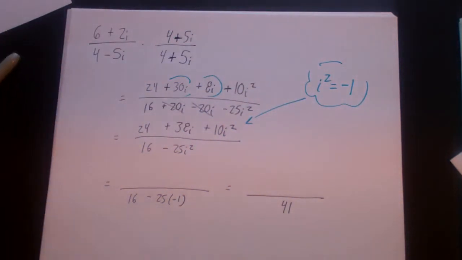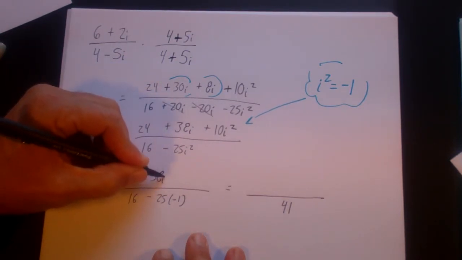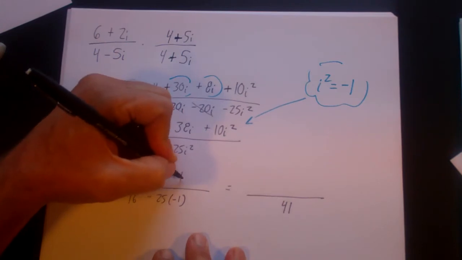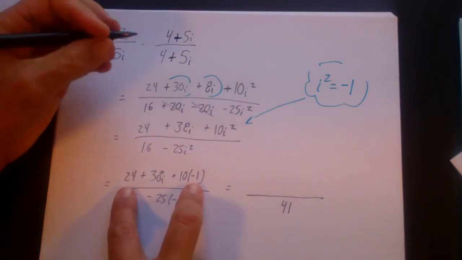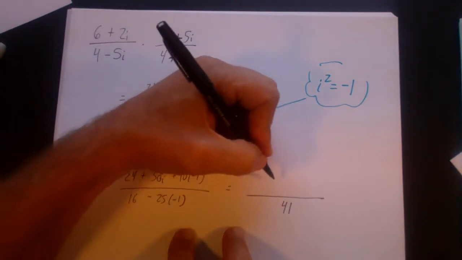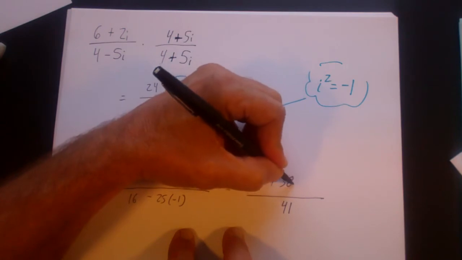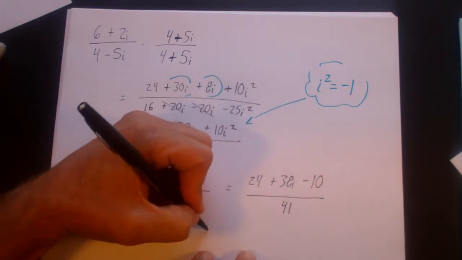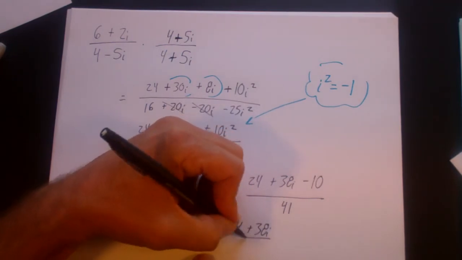So then I have 24 plus 38i plus 10 times a minus 1, which is minus 10, so it's 24 minus 10. So I have 24 plus 38i minus 10, or 14 plus 38i over 41.